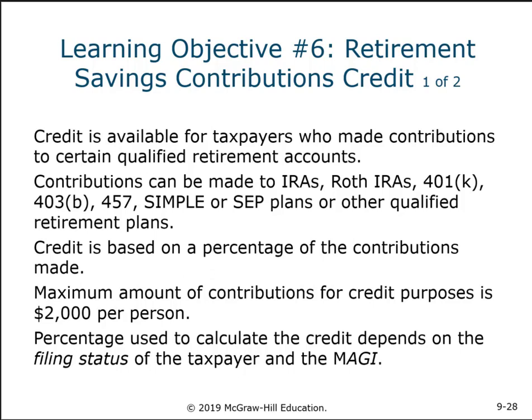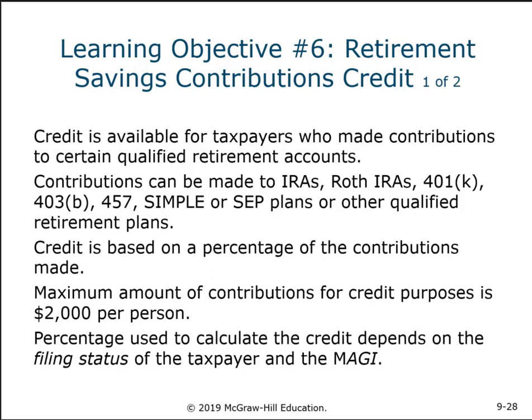Meaning it will be excluded from your taxable income, because you can take the number right off the W-2 and put it on the 1040. They subtract out, before they put the W-2 together, the amounts you paid in for retirement. And based on how much you put in, you could also receive this retirement savings contribution credit. So in a way, you've gotten two benefits with the same amount of money you saved.